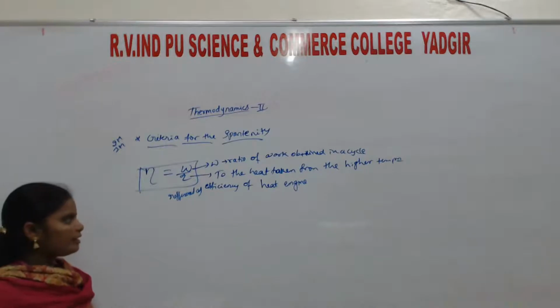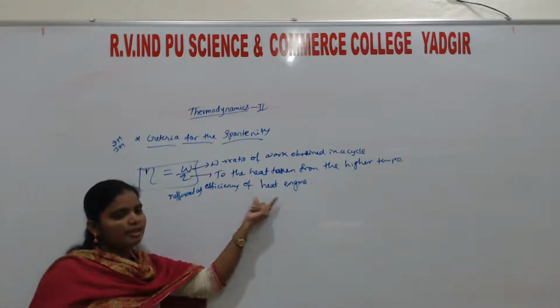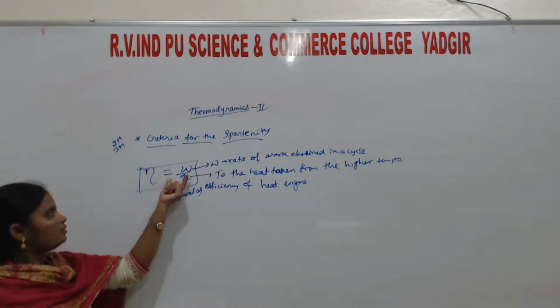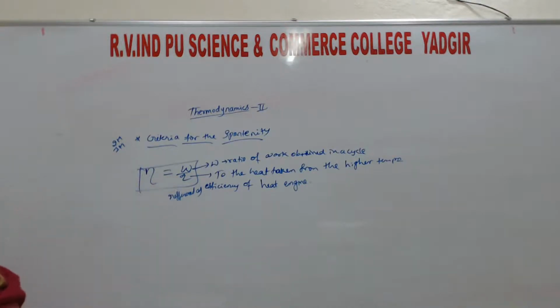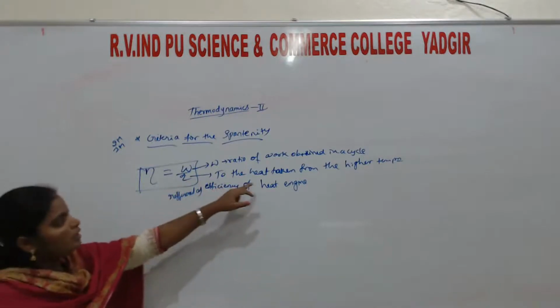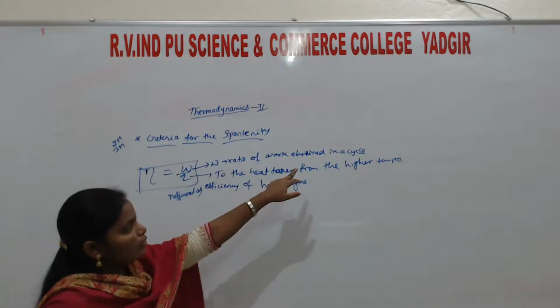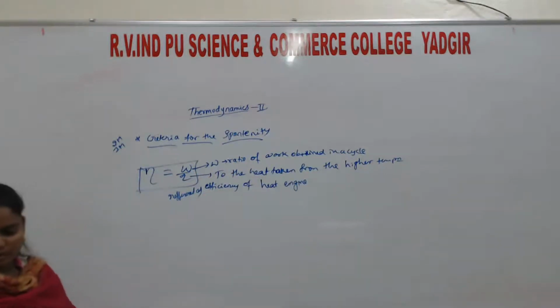The formula is written as efficiency equals W by Q. Here Q is the heat taken from the higher temperature, and W is the work obtained in a cycle.